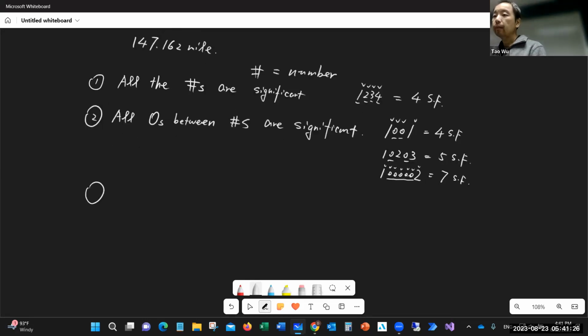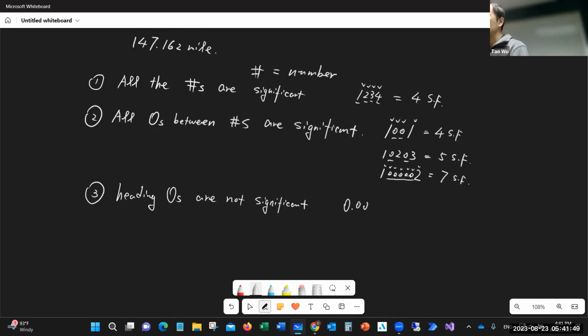Number 3 is called heading zeros. Heading zeros are not significant. The one case where we have a heading zero is 0.00223. I'm not talking about only the zero before the decimal. The heading zeros are all the zeros before the first nonzero number.